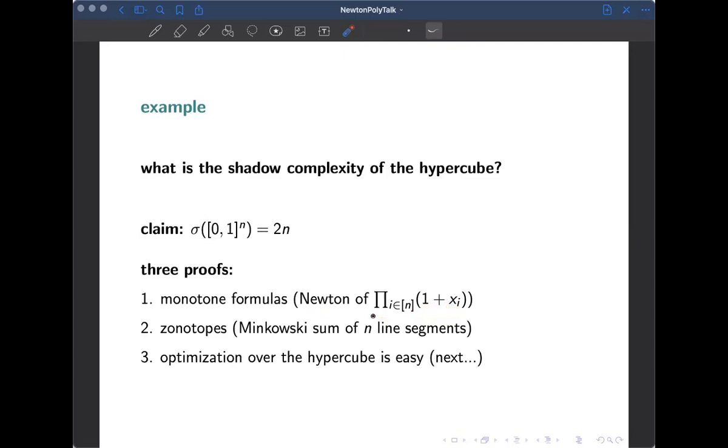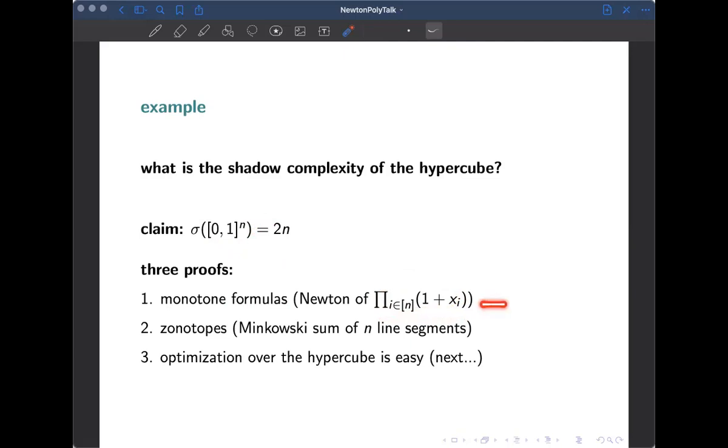And the Newton polytope of this polynomial is the solid cube, because all monomials appear in this polynomial. So this is a monotone formula of size 2n. We saw that the shadow complexity is a lower bound on the monotone formula size. So we see an upper bound of 2n here.